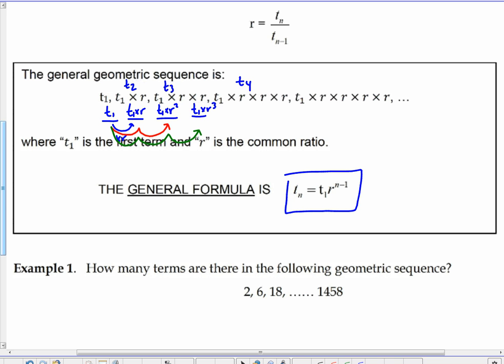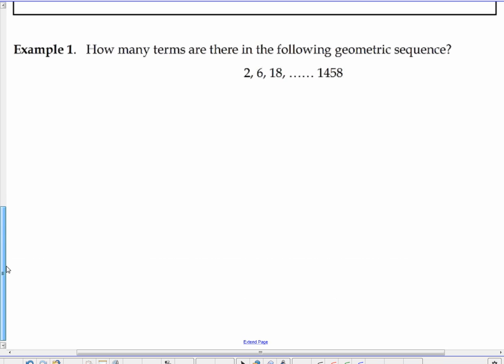So the fifth term would be T1 times r to the 4. And that's where we get our formula. T of n equals term 1 times our common ratio to the power of n minus 1. 1 less than the term number, because that's how many times we're multiplying by the common ratio. Okay? Make sense? Good.